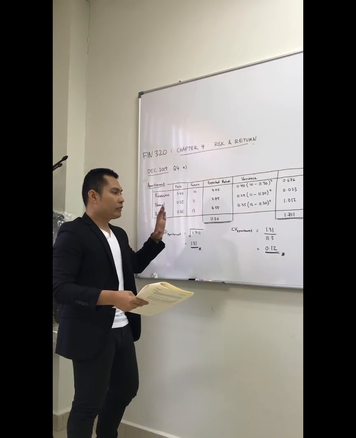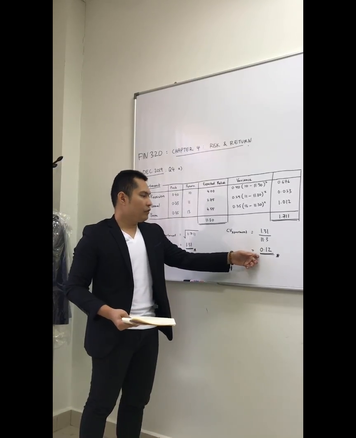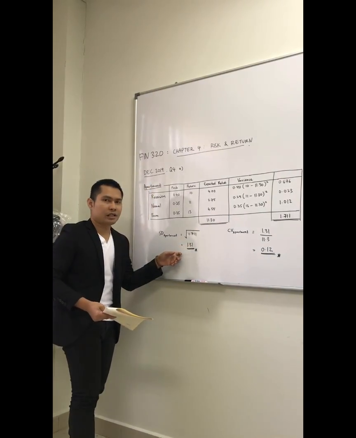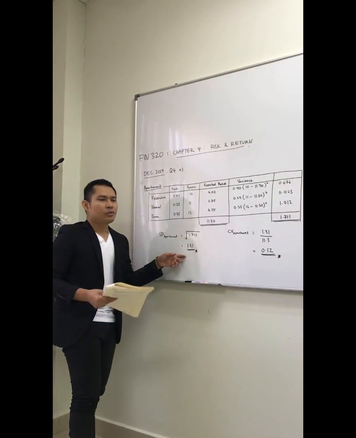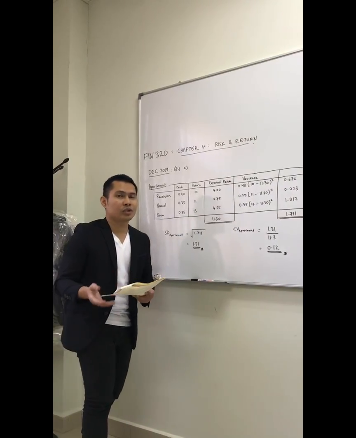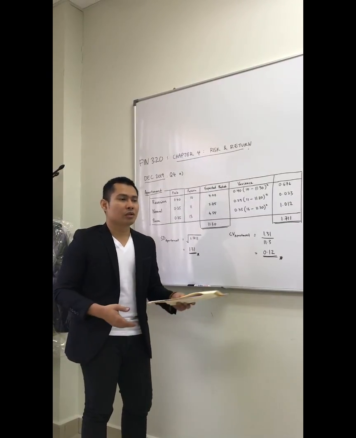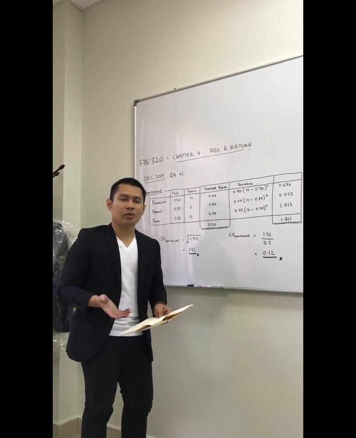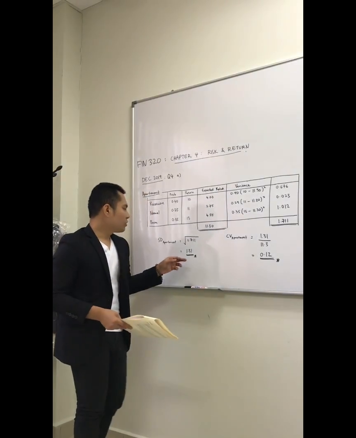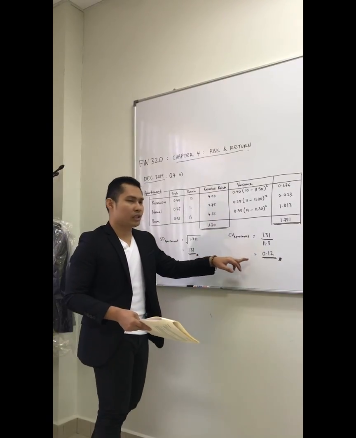Okay, and then after you have calculated it, you compare the CV, coefficient of variation, or the SD, standard deviation. Now, which one to choose? Usually this question will ask you which project should the company choose, which machine should the company choose, so which one provides lower risk. You see the figure of standard deviation and also coefficient of variation.